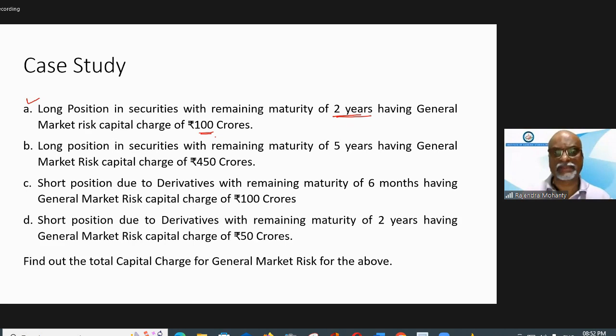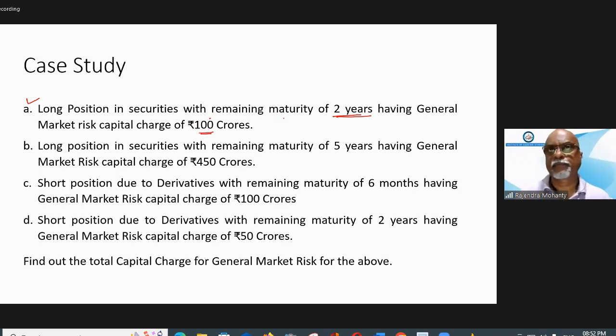Due to adverse market movement, you cannot assure that this 100 crore will be enough for this security. Some more may be required, so for that reason vertical disallowance and horizontal disallowance are calculated.